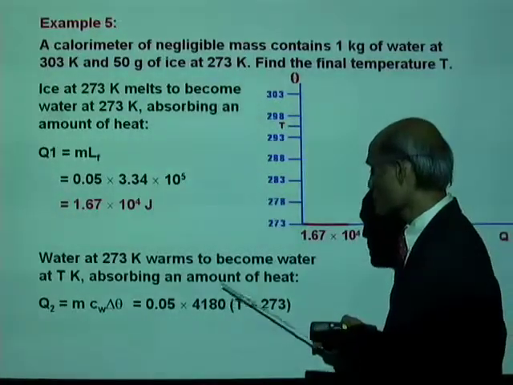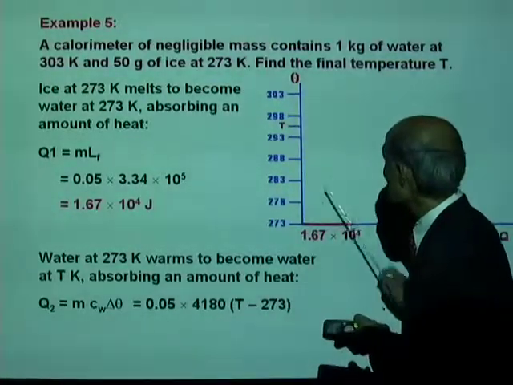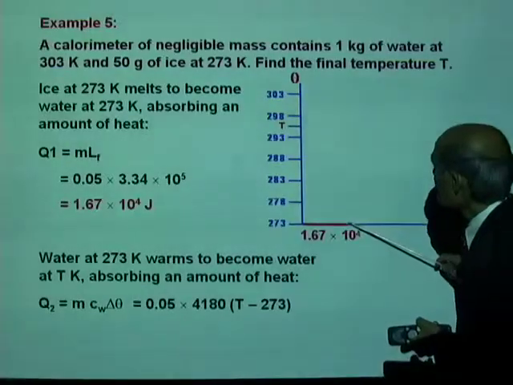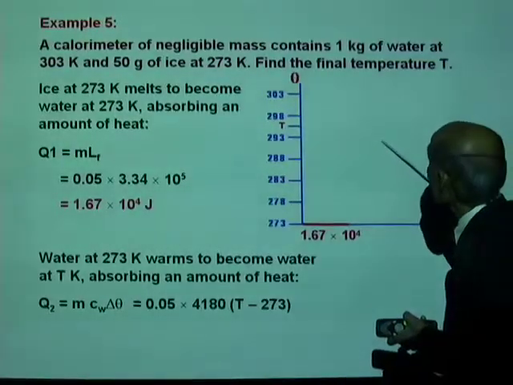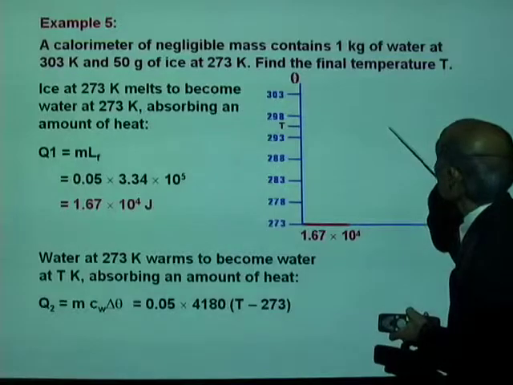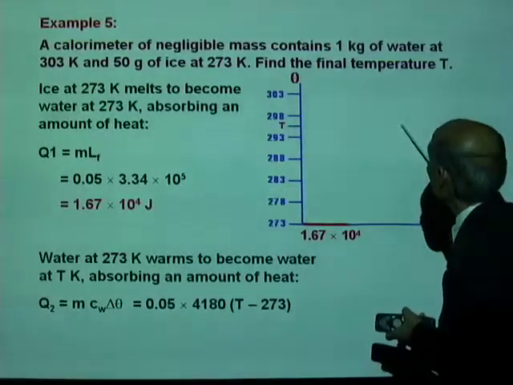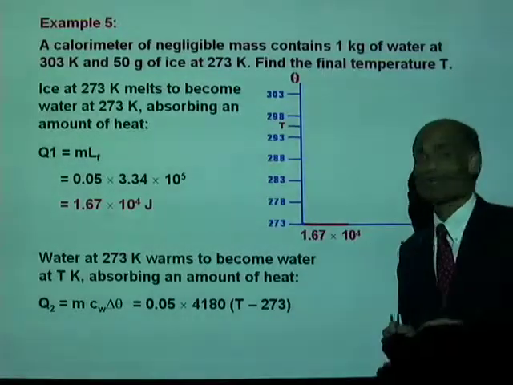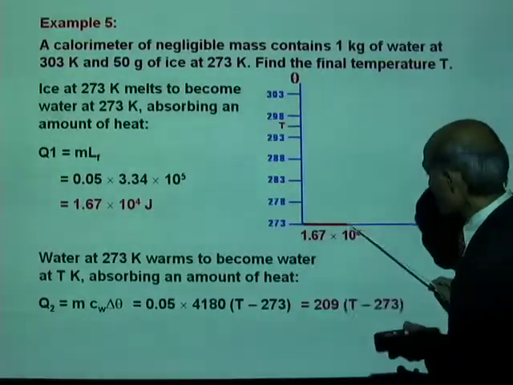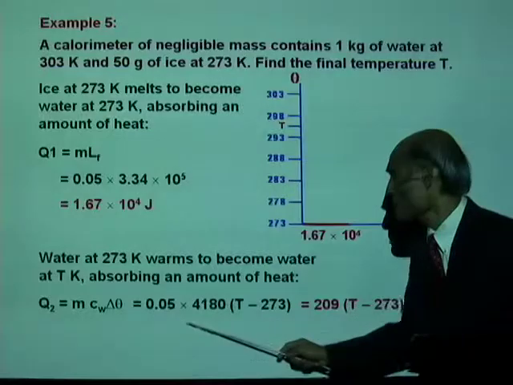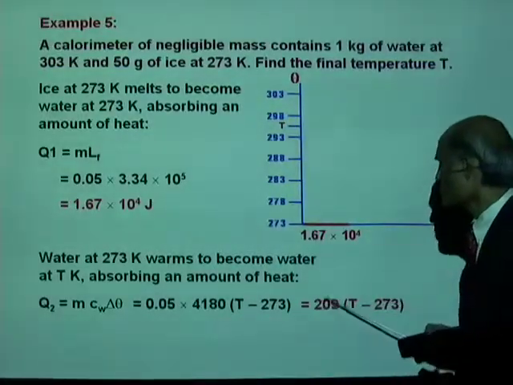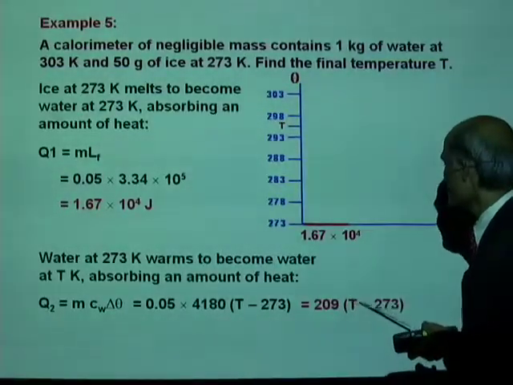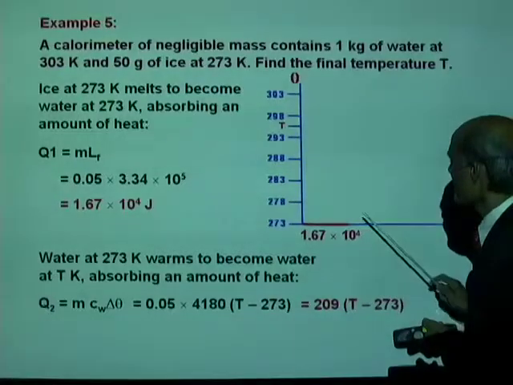Specific heat of water times the change in temperature. You see, initial temperature is 273. The final equilibrium temperature is this T. The change in temperature is T minus 273. Now that will be, multiply these two numbers, that will be 209 times T minus 273.